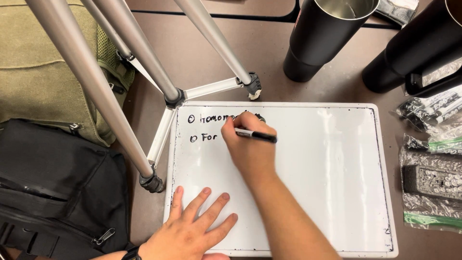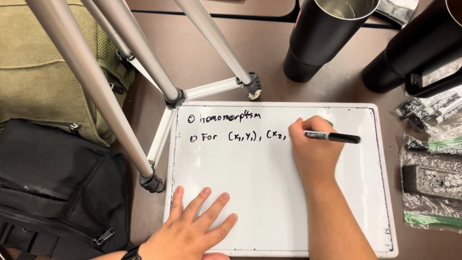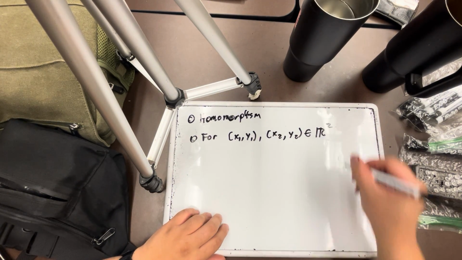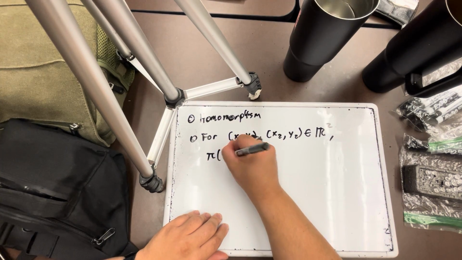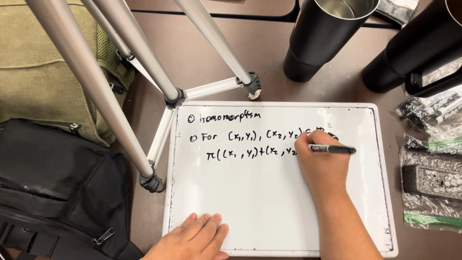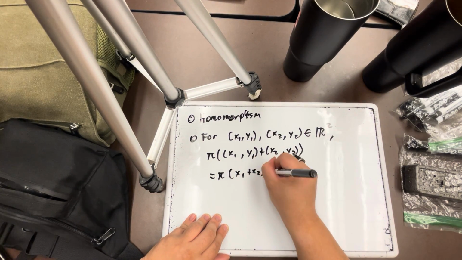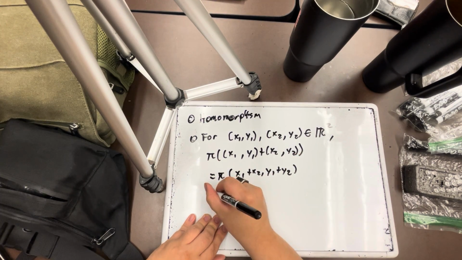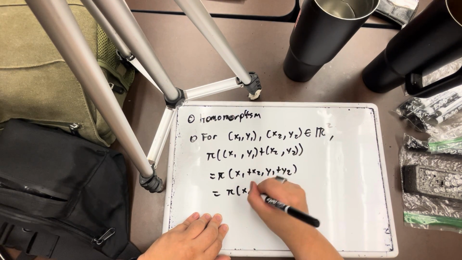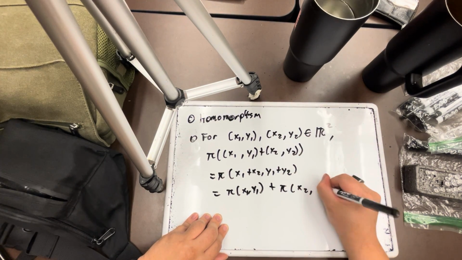For (x sub 1, y sub 1), (x sub 2, y sub 2) within the real numbers with degree 2, we have that pi of (x sub 1, y sub 1) plus (x sub 2, y sub 2) is in fact equal to pi of (x sub 1 plus x sub 2, y sub 1 plus y sub 2), and this is equal to pi of (x sub 1, y sub 1) plus pi of (x sub 2, y sub 2).